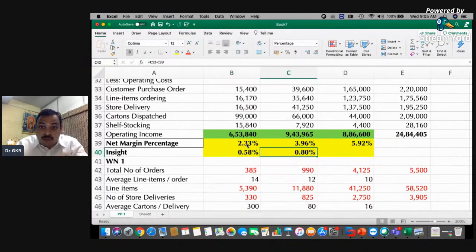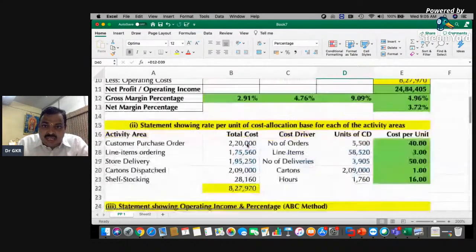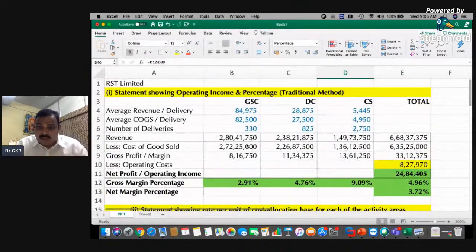I am spending 0.8 on operating cost. I am spending 3.17% on operating cost. So the activity based cost information highlights how the chemist shop uses a larger amount of the resources per revenue. Here you are not able to understand.